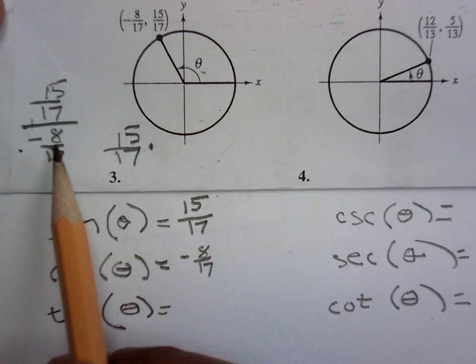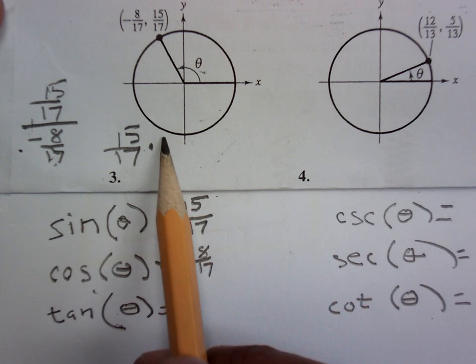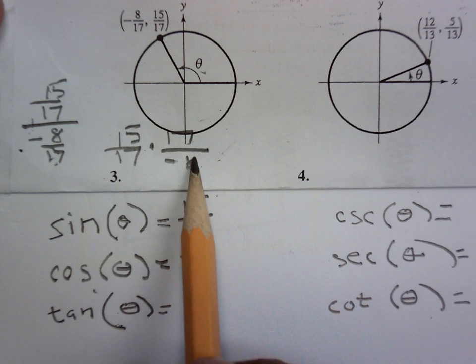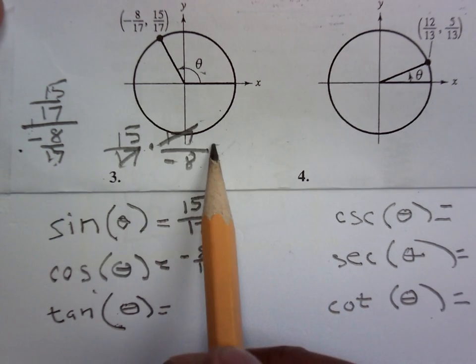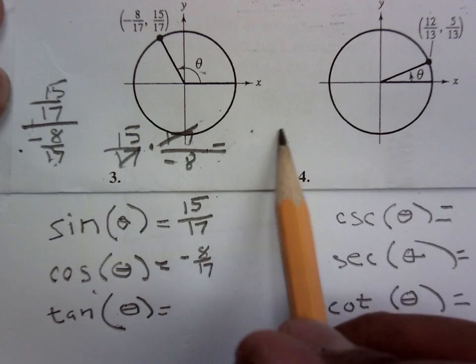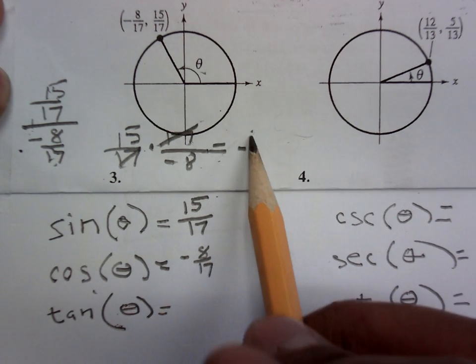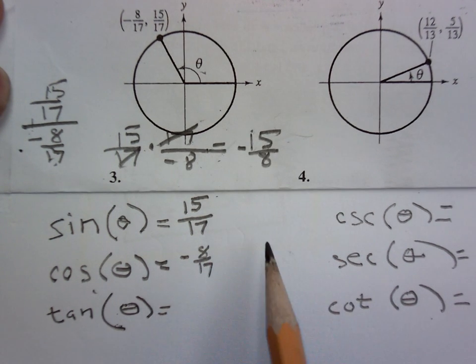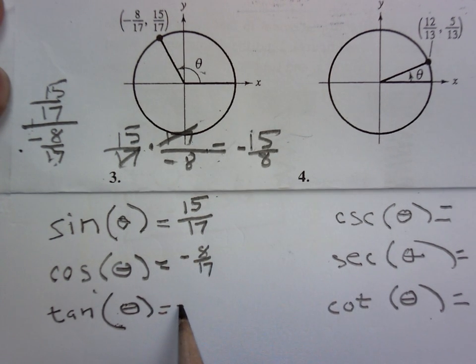What's the reciprocal of negative 8 over 17? Right, 17 over negative 8. What cancels? What simplifies? The 17. And we're left with? Right, and it doesn't matter where you put the minus sign. So negative 15 eighths. And like I said, you can put the minus sign on the bottom if you want. Negative 15 eighths.